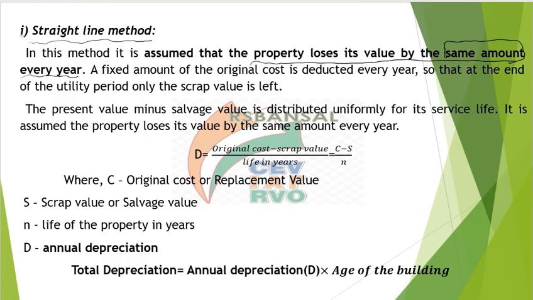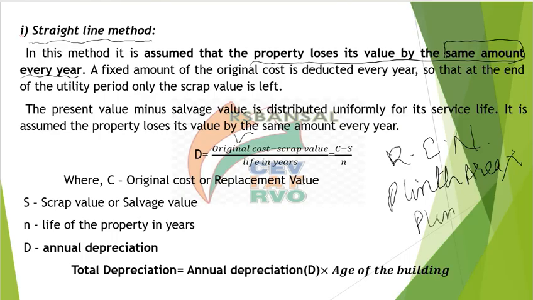Two things you have to remember. One is original cost. What is original cost? Original cost means the replacement cost of the new building, which we may call replacement cost new. How can you find the replacement cost of a new building? First, you calculate the plinth area of the building, and multiply it with the plinth area rate of your respective state or any other rate prevalent in the local market.